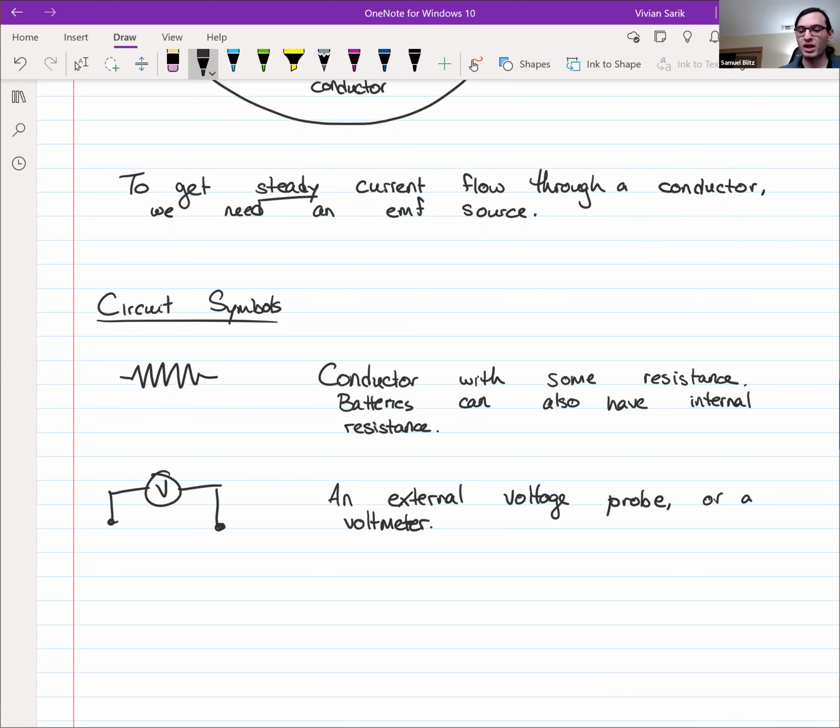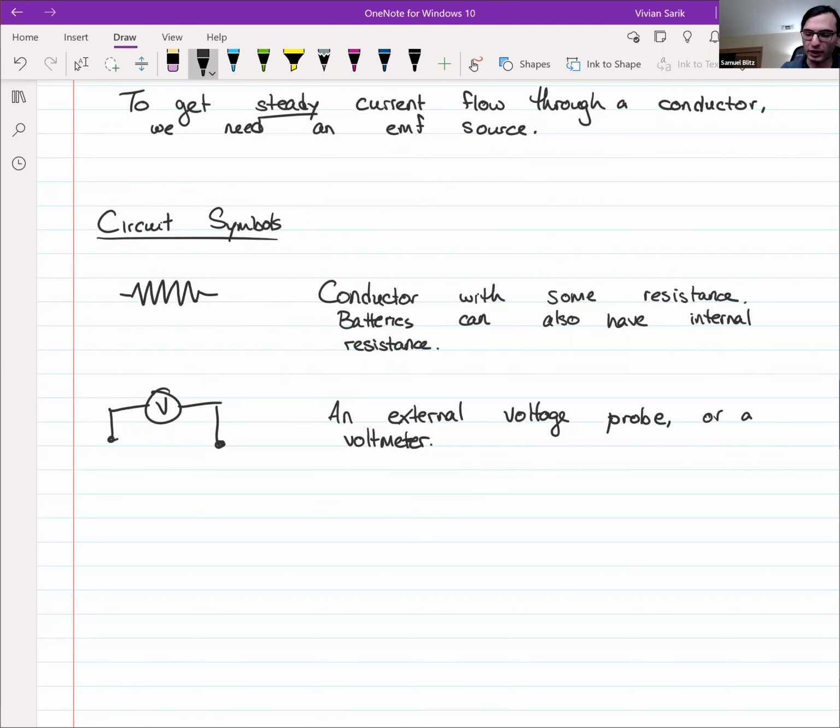Another circuit symbol that we will run into a lot is a circle with an A through it. This is an internal, or quote unquote inline, current probe, also known as an ammeter. Not amp meter, it's ammeter.